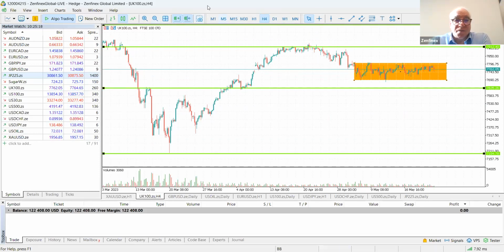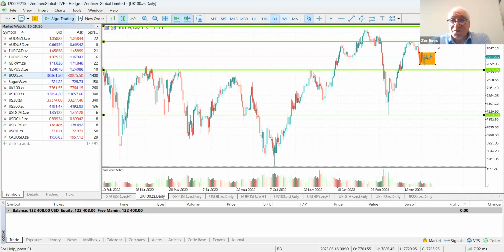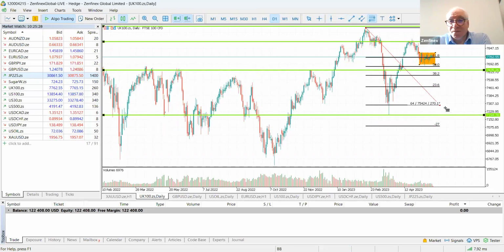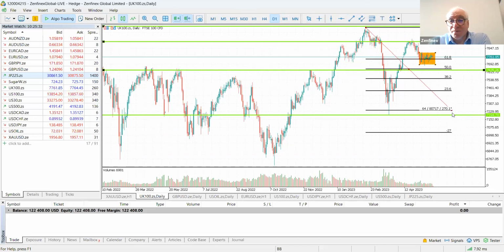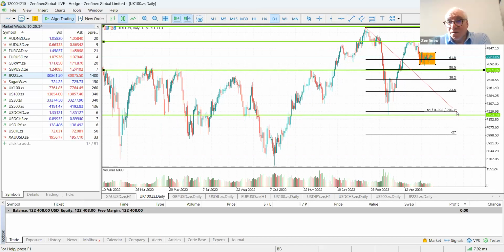And just going back to my daily for a second, we can see the fib level is about there. I'm not being exactly to the point, because I want to match it with what is actually happening.